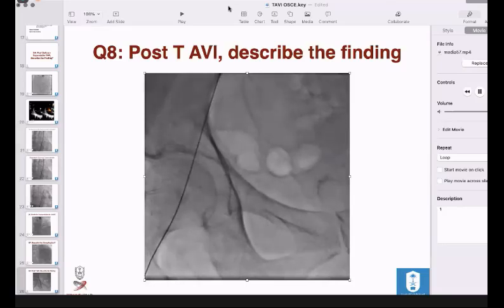ABCs, okay? You go to the hemodynamics, immediately get the blood, and try to manually control the source of bleeding by compressing, because this is easy, it can be compressed over the pubic bone. Control by compressing, and then call for help, vascular surgery.